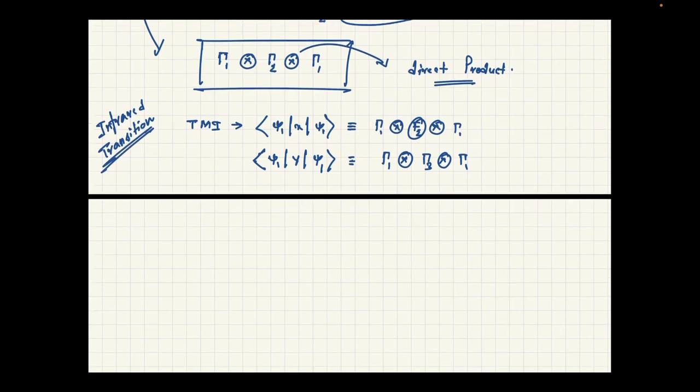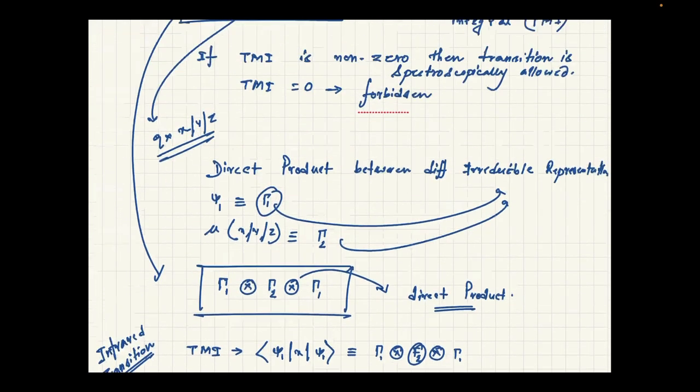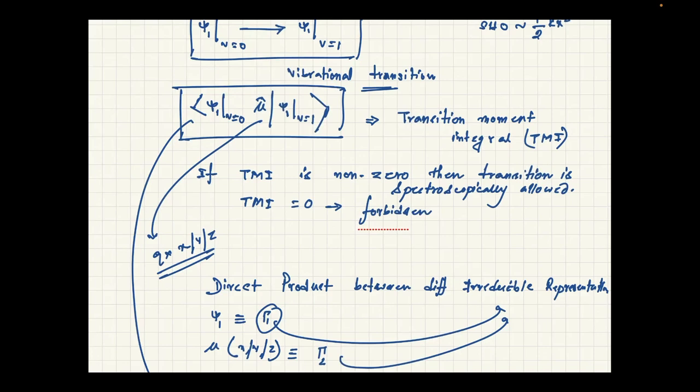Okay, similarly for Raman transition, in infrared spectroscopy, dipole moment is generally used. Dipole moment is driving this transition from v equal to 0 to v equal to 1.